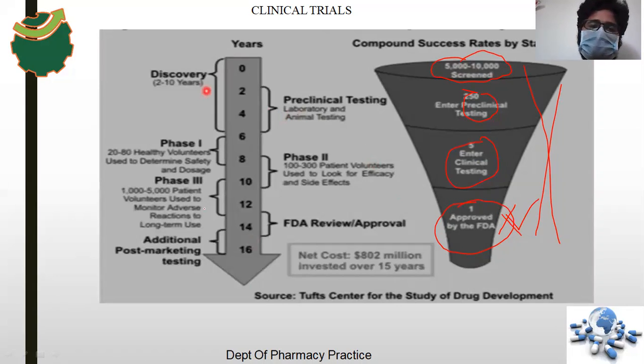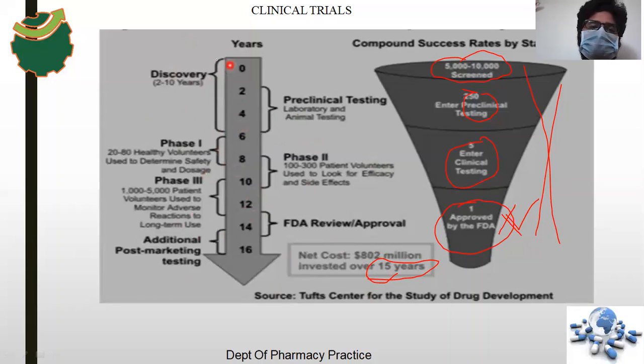So this graph typically represents the years of time that are needed. Generally, on average, it takes 12 to 15 plus years to discover and develop a new drug and release it into the market. This won't be appropriate for all trials; it may vary.